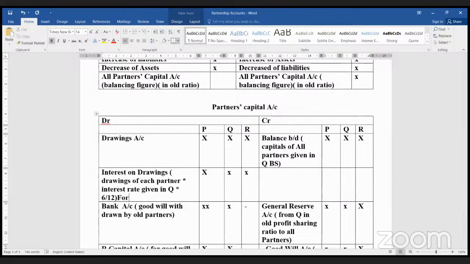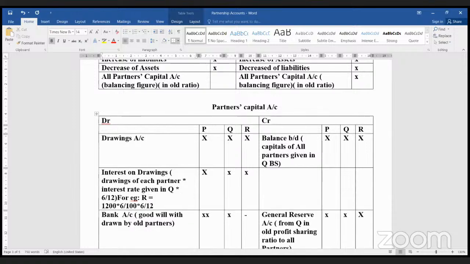For example, for R, drawings say 1200, and rate of interest given as 6%. How much will you get for R's interest? The same thing I mentioned here, I explained with the example.